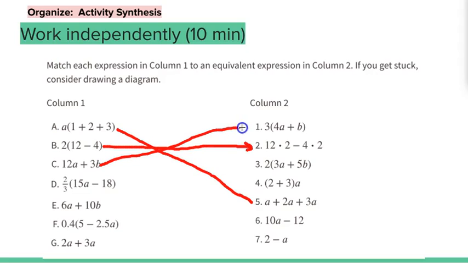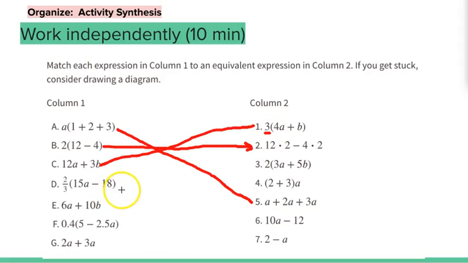That one actually matches right here, doesn't it? Because if you divide both of those by 3, you still have the 3 here, but now we've got 4A, since 12A divided by 3 gives you 4A, and 3B divided by 3 gives you just B, but you still have to have that 3 to finish out at the end.